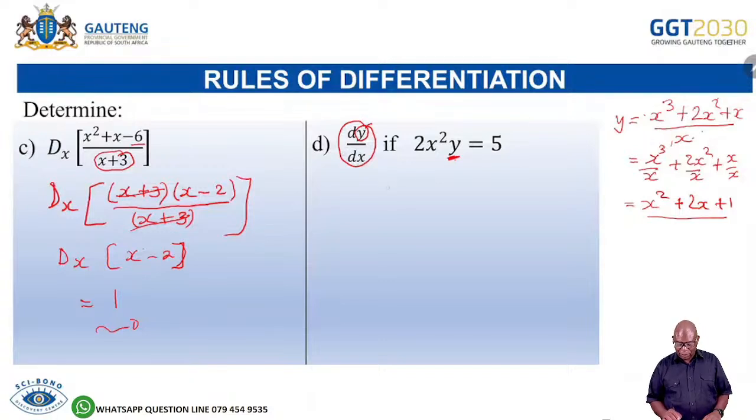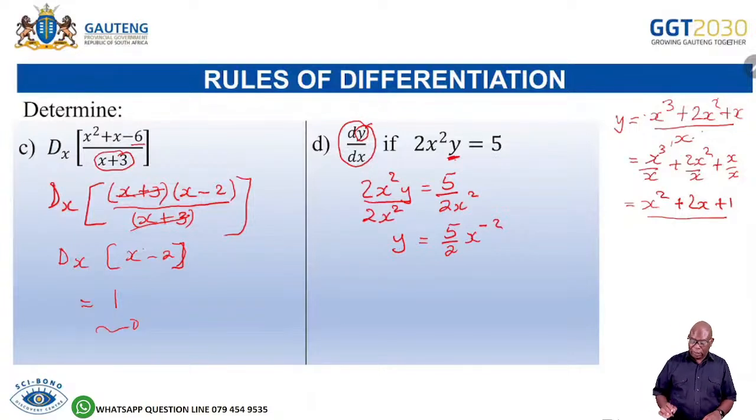So which means I must then first write 2x squared y equals to 5 and then divide everything there by 2x squared. All right, then I'm going to get y equals to 5 over 2 x to the power minus 2. Now I've done that. Now you're asking, why are you writing it as minus 2?